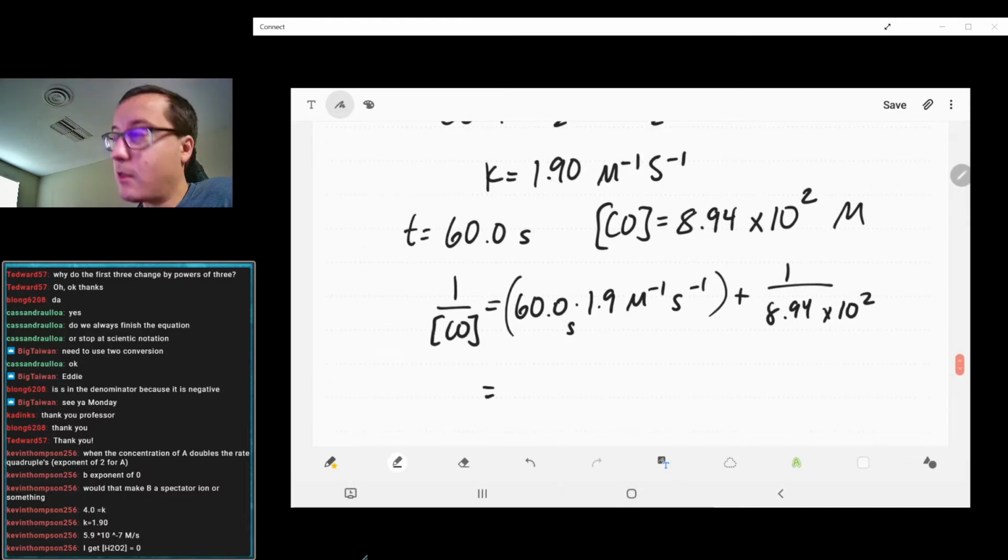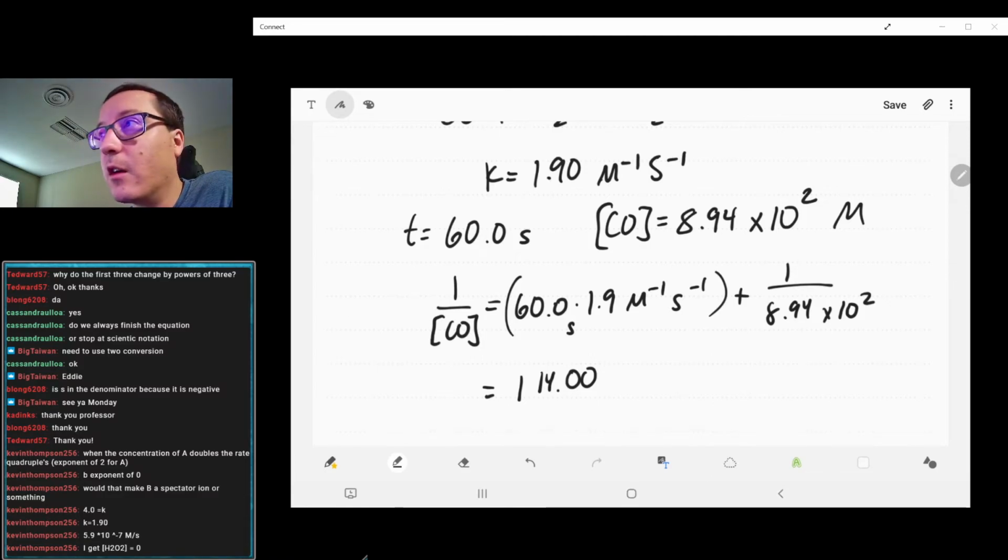Doing this math, 60 times 1.9 plus 1 over 8.94 times 10 to the second power. Let's hope this works. I get 114.000 whatever.